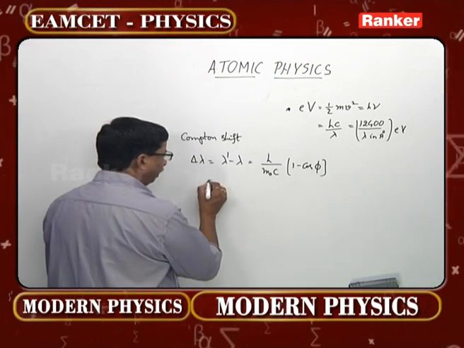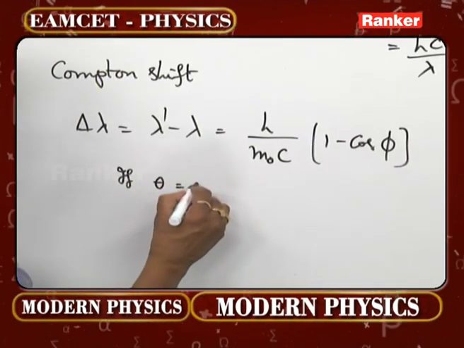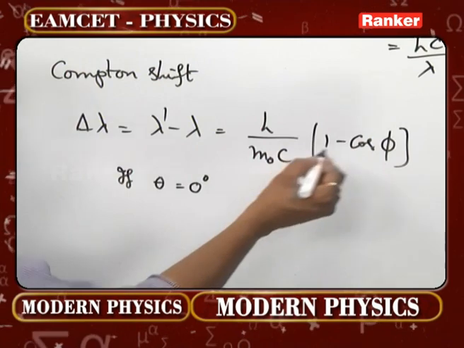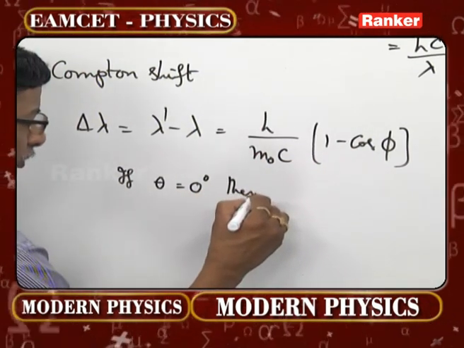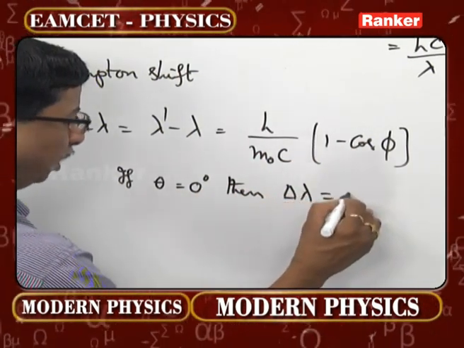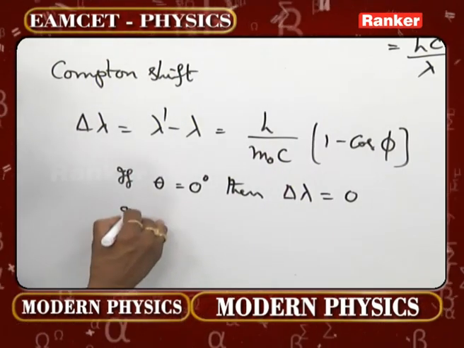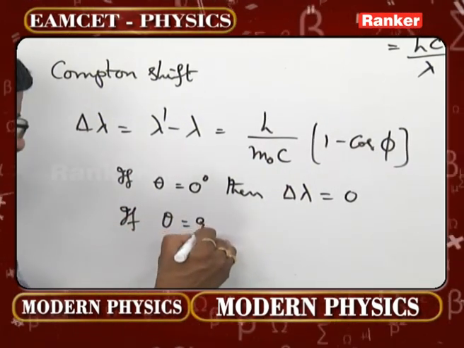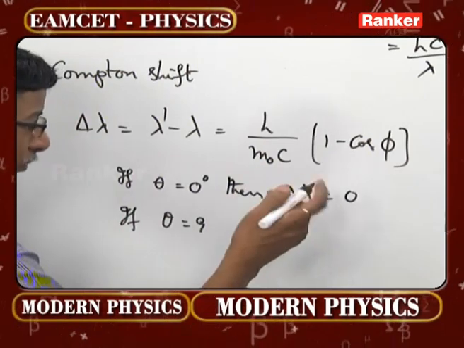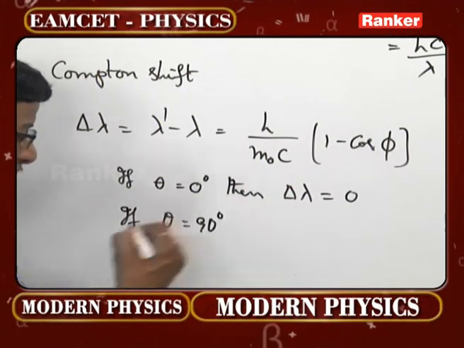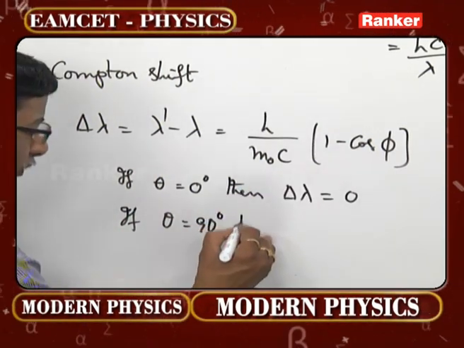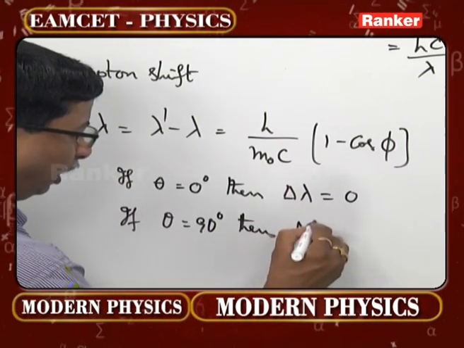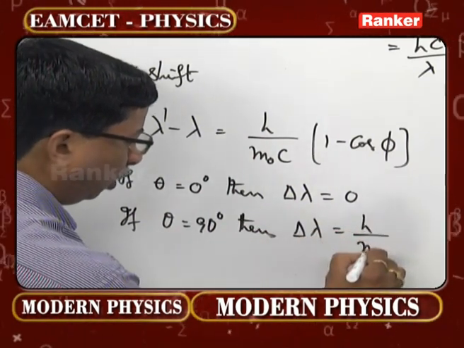And of course, we can all understand well, if phi becomes 0, cos 0 is going to be 1, then we will find delta lambda will be 0. If phi is 90 degrees, then cos is 0, and we will be getting this delta lambda as h by m naught c.